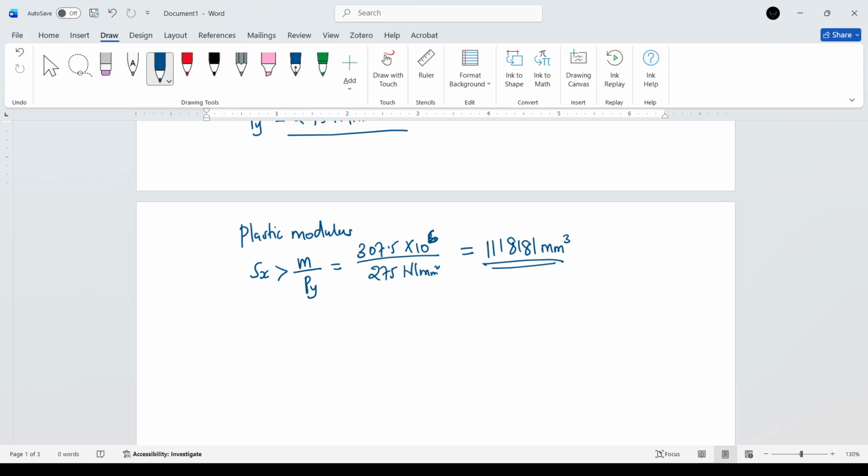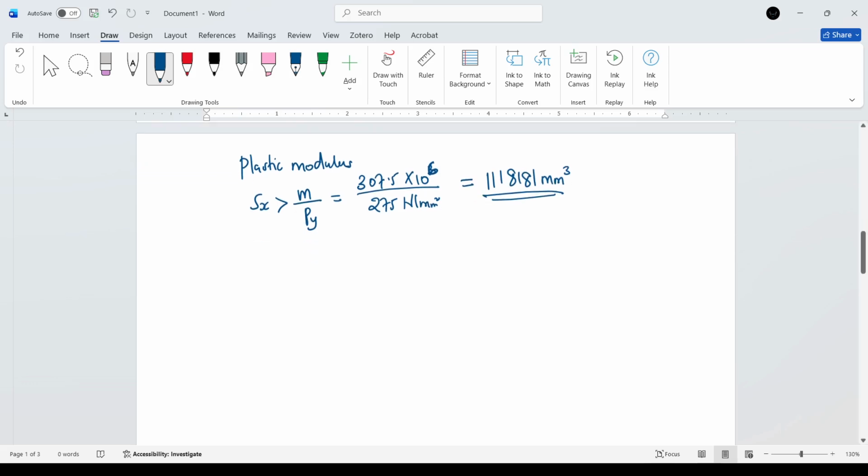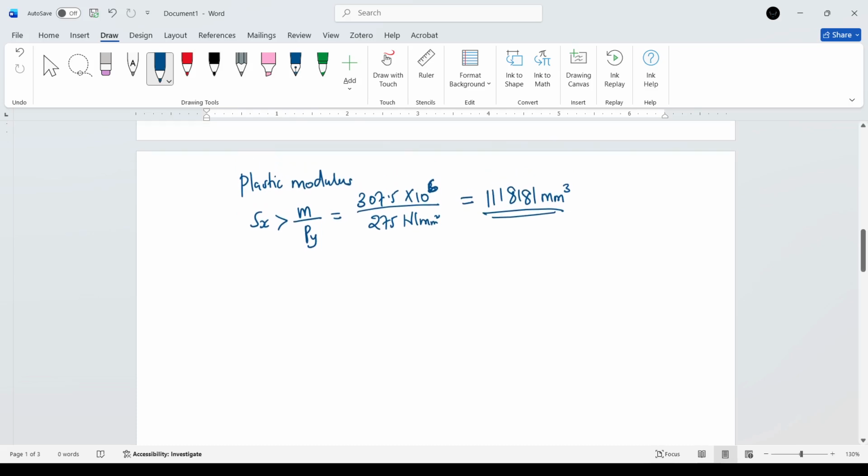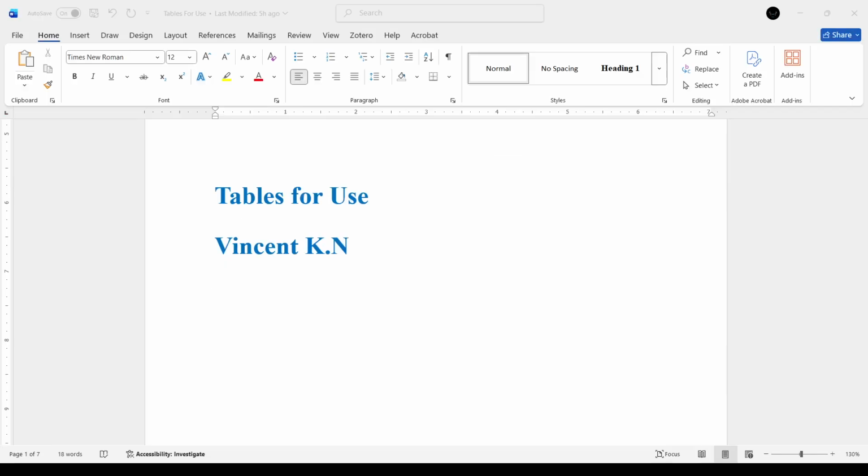And realize that our table, we continue together. I want to go to the table now. Okay, and I have gone to the table. Let me just switch right here. Okay, so tables for use.